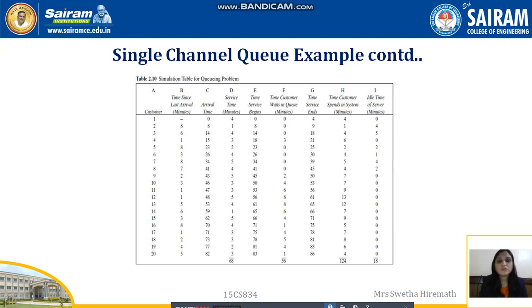Able will be the most experienced person among Able and Baker, and whenever Able and Baker both are free, Able will get the chance to receive the calls and provide the service to the people who call him. Whenever Able is busy, then only Baker will be allowed to take the calls.